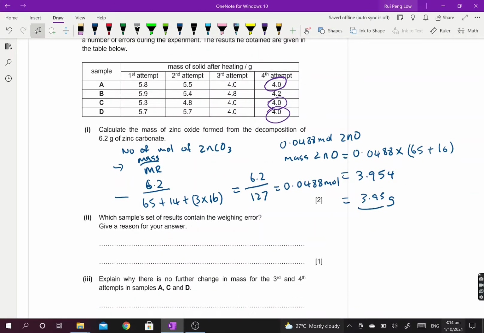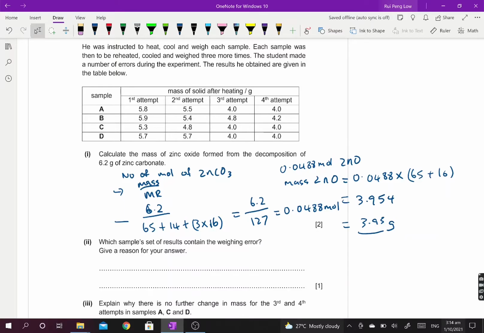Okay, which sample obtains the weighing error? So let's study the data. Let me see. Okay, it will be sample D. Why is that so? Because how can you have a thermal decomposition, right, that despite having so by right you are supposed to, the endpoint mass should be around 4 grams. Okay, 3.95 as we have calculated.